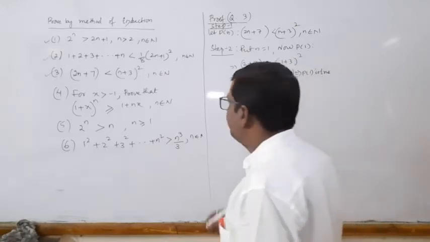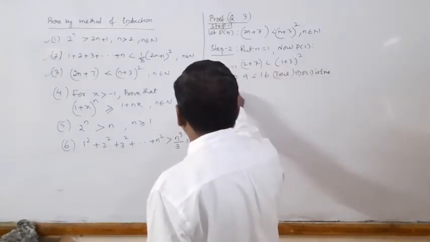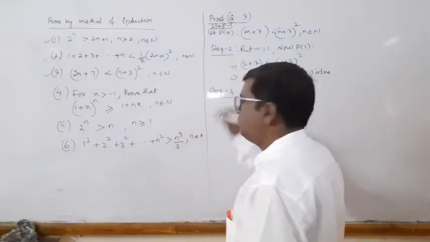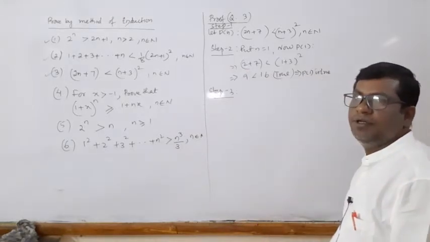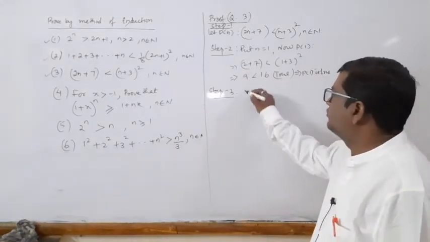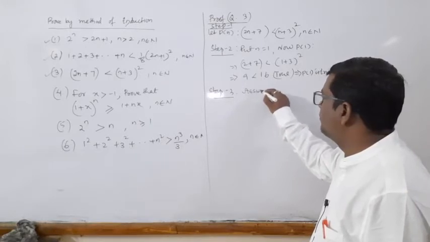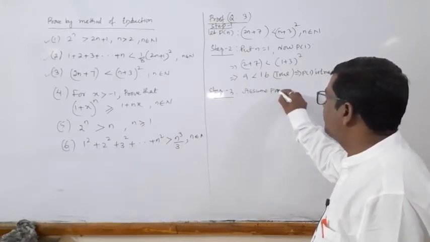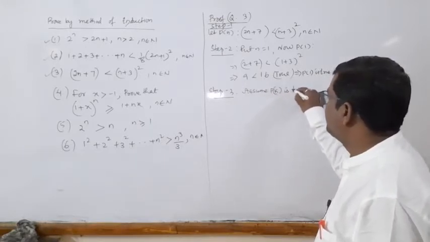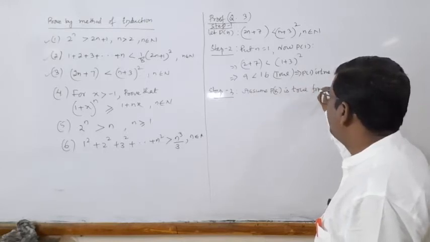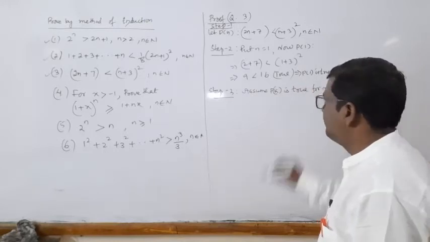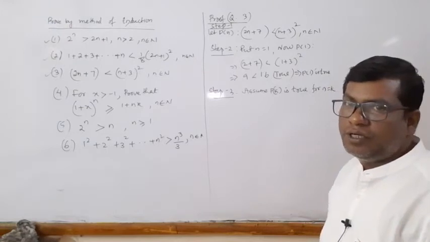Now step 3. Assume P(k) is true for n is equal to k.